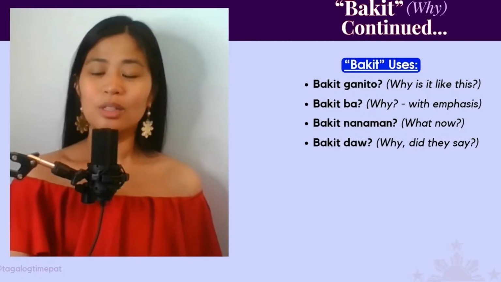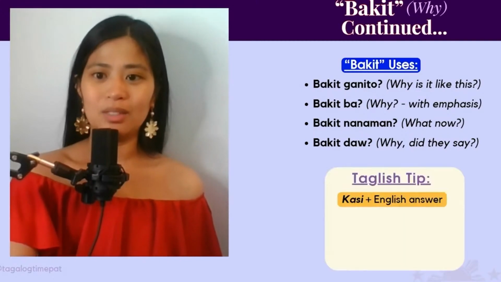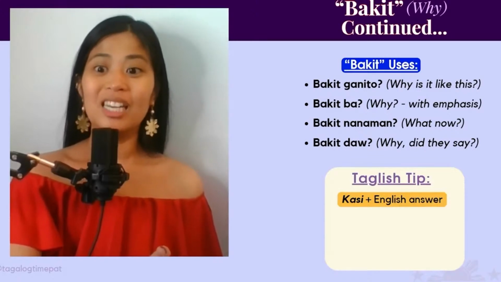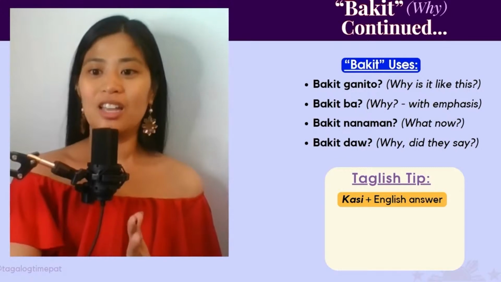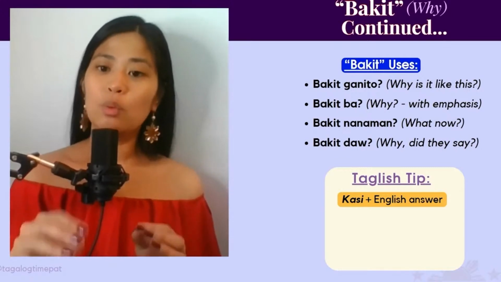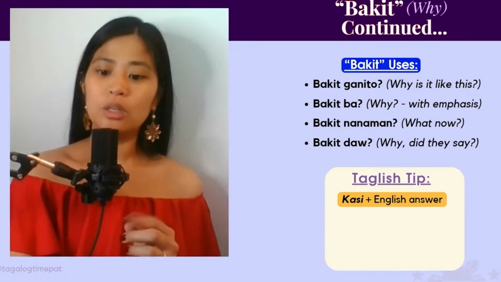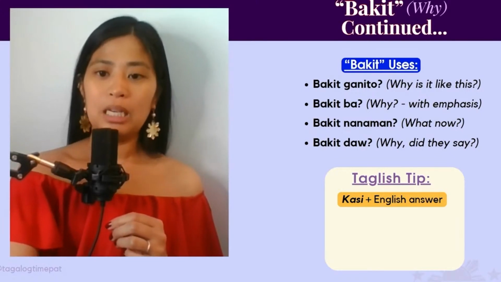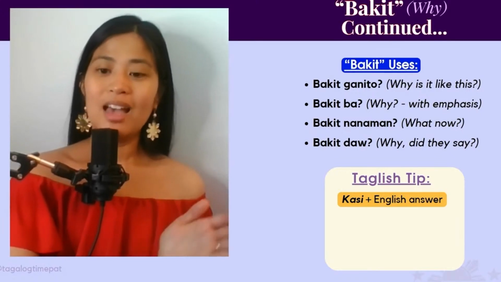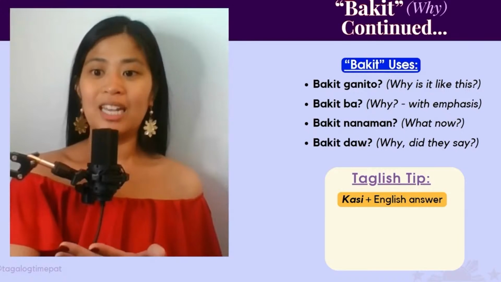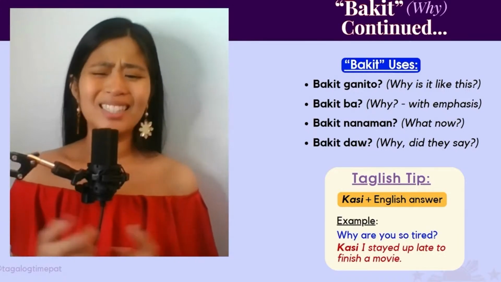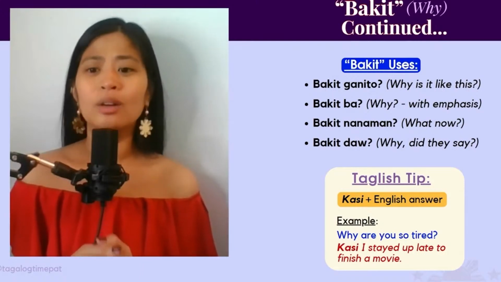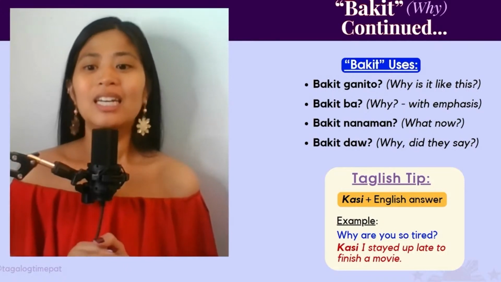So those are the different ways bakit can be used. And just a Taglish tip, I am a big supporter of using Tagalog and English together, Taglish, especially while you are learning Tagalog. So here's one way to do that. Maybe use kasi and then finish your English answer. For example, why are you tired?